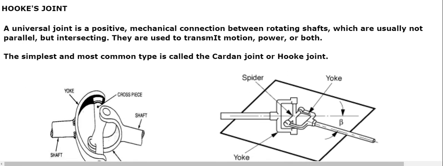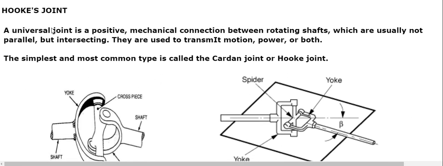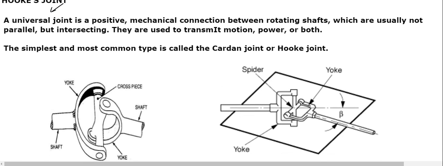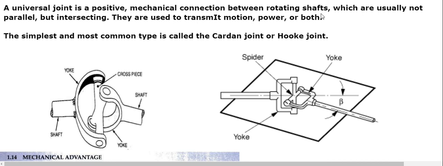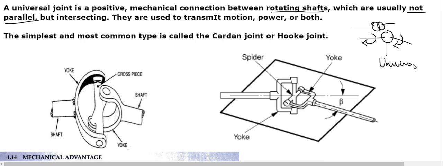Now we want to discuss something called Hooke's joint, or more popularly known as the universal joint. You might have seen this joint. This is a joint used to connect two rotating shafts which are not parallel. If one shaft is rotating in this direction and the other shaft is to be rotated in that direction, then this connection is made by a universal joint.